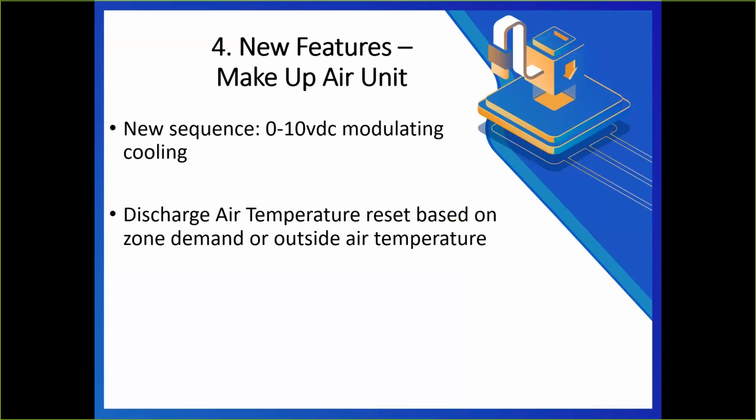It would only give 0 volts, 5 volts, or 10 volts DC on that. 5 volts was first stage, 10 volts was second stage. And that was it. There was no way that we could ramp that up and down, but that was not a hardware limitation. That was just a software limitation. So we have now added full modulating capability.